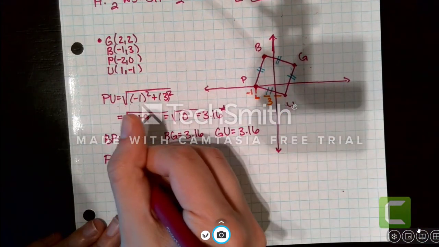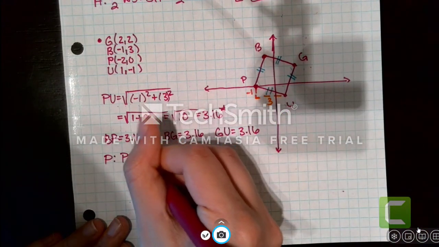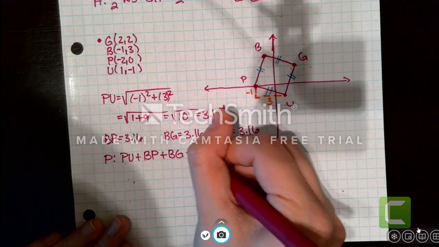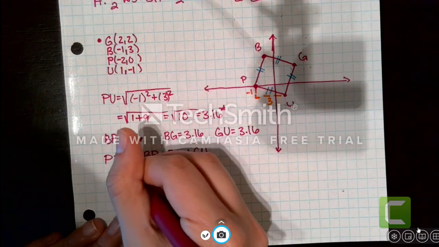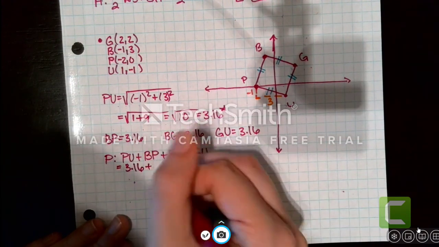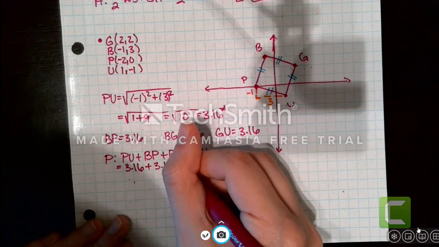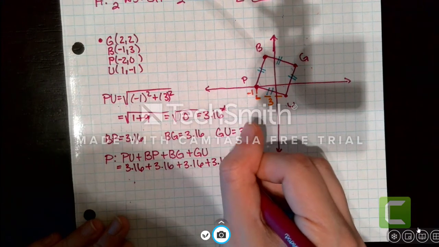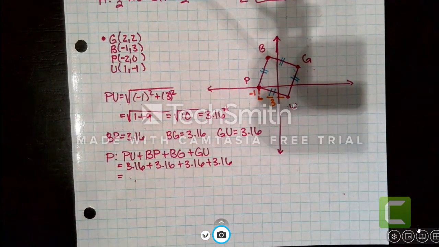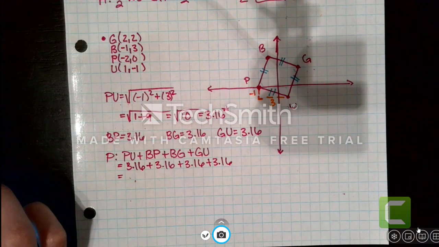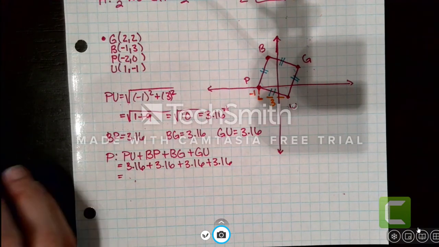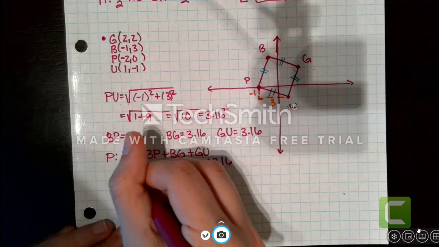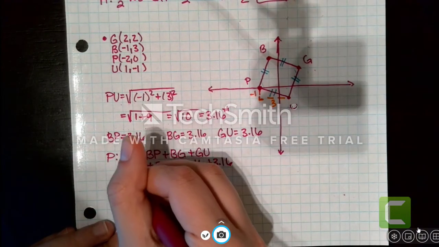So you should have PU plus BP plus BG plus GU, which is equal to 3.16 plus 3.16 plus 3.16 plus 3.16. Your value, when all of those are added together, is about 12.64. That is your perimeter.